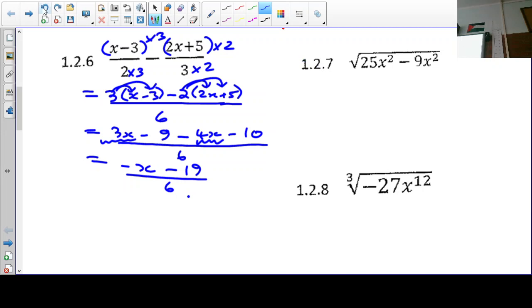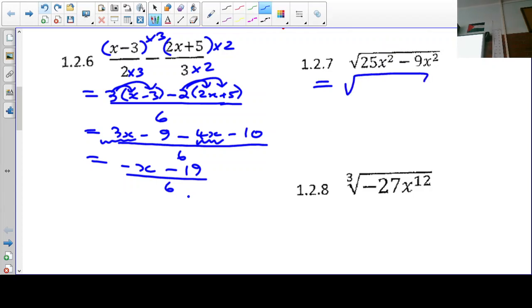I can't take the square root of each term there. If there's a plus or minus between it, we must simplify it first. Whereas if it's a division or a multiplication, I don't have to simplify it first. So here, since it is negative, I need to simplify.